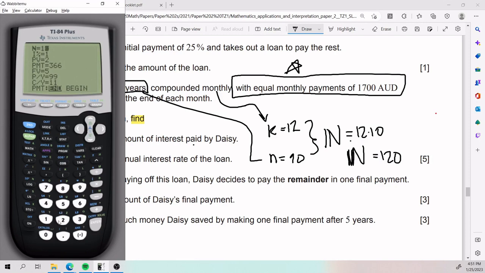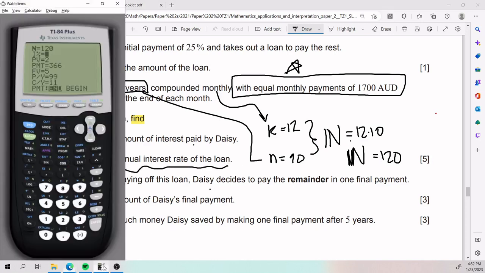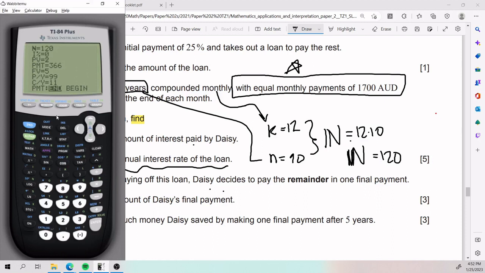All right, so that's the first one. I percent is the interest rate, which is actually what we're trying to find. Whenever there's something you're trying to find using the finance app, you will leave it on 0. It will make a little bit more sense in a second. For PV, present value, we are talking about the present value of the loan. And because it's a loan, it actually goes in as negative. So we have negative 150,000, sorry.